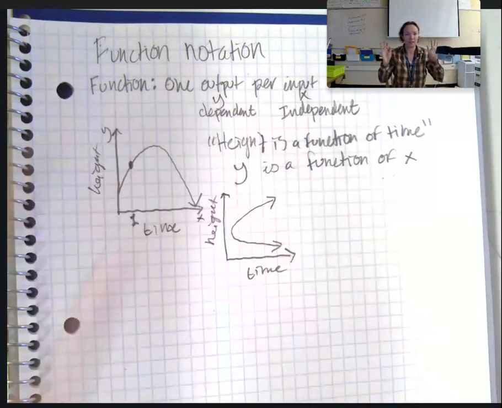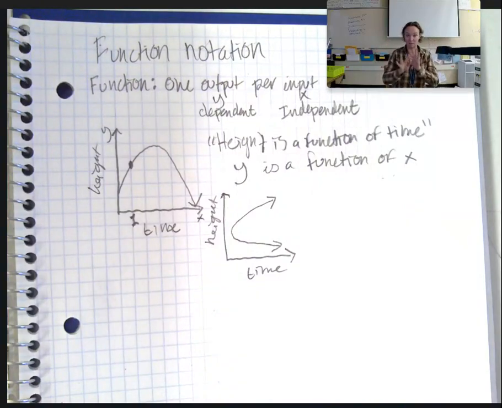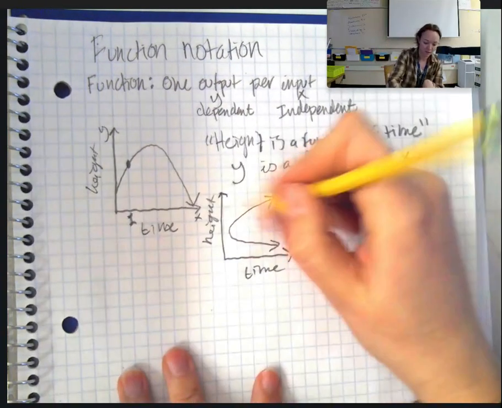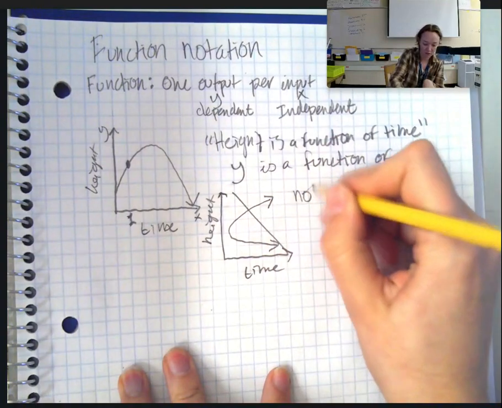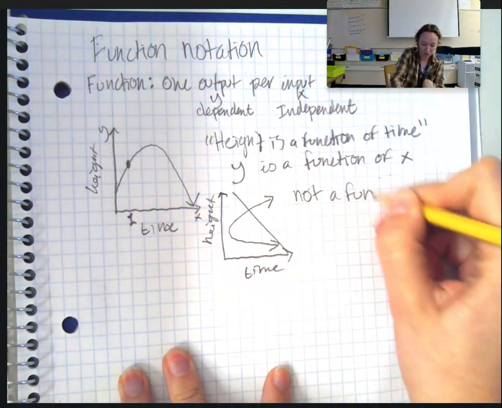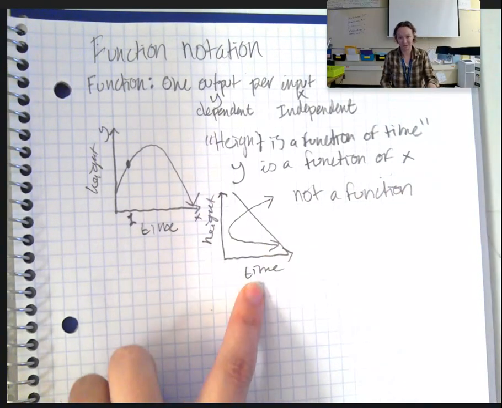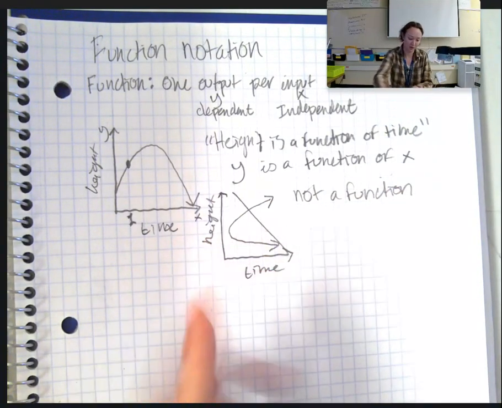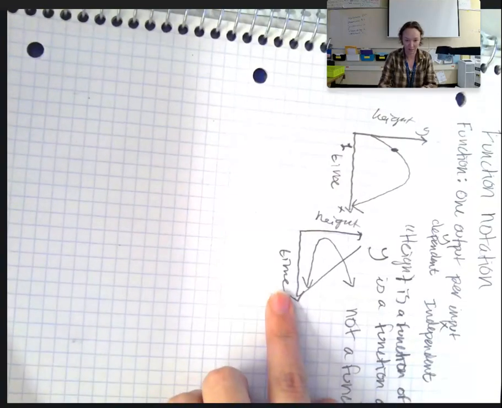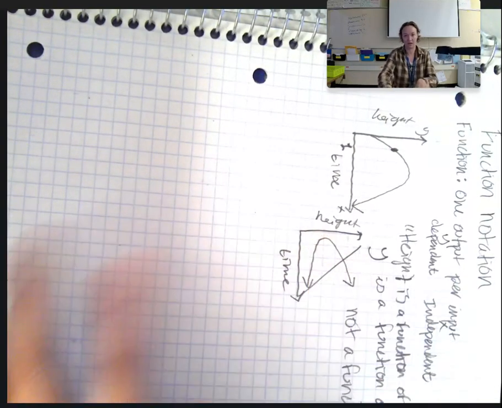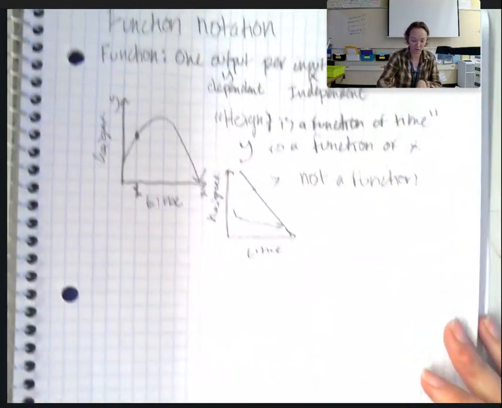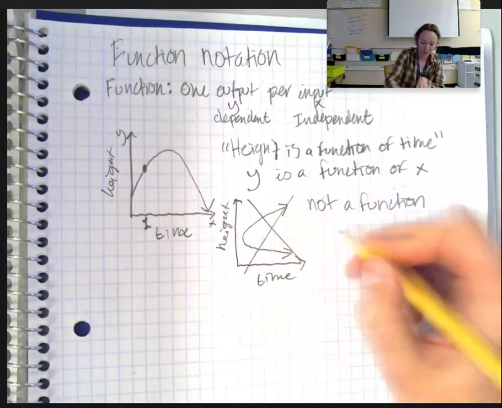Like, this is broken. This does not work. This makes absolutely no sense. This is not a function. So in this situation, height is not a function of time. We'd have to write it the other way. We'd have to say that time is the function of height, which just gets all confusing and weird. We don't want that. So that is a nope.